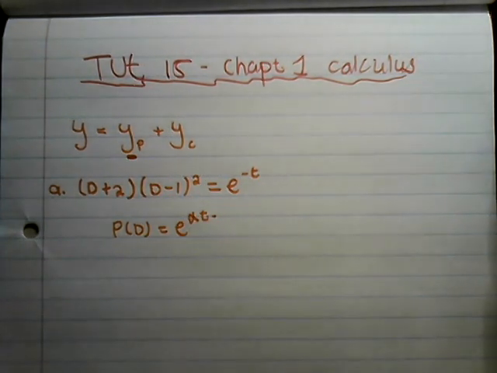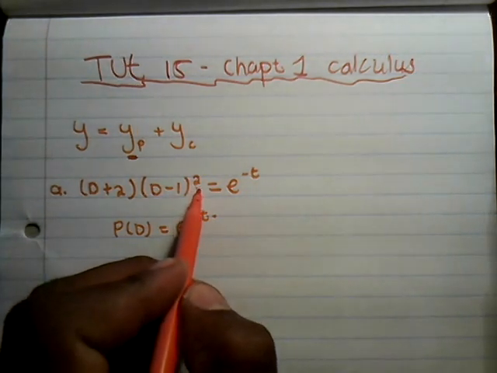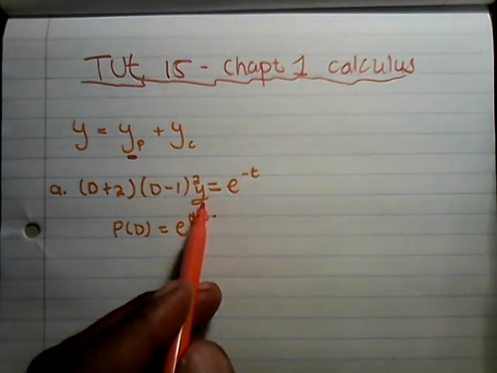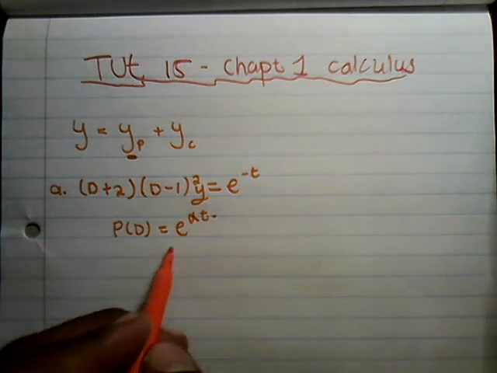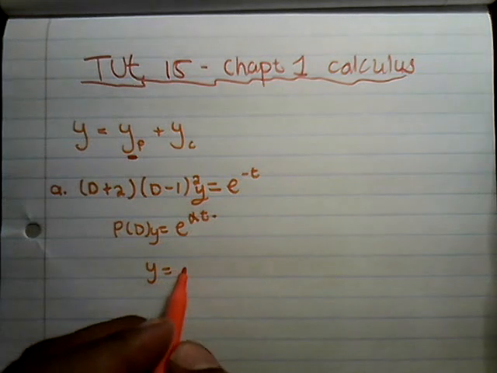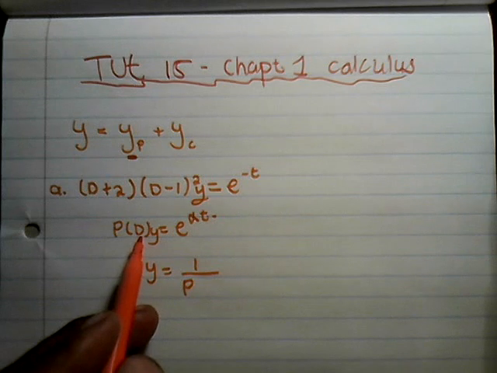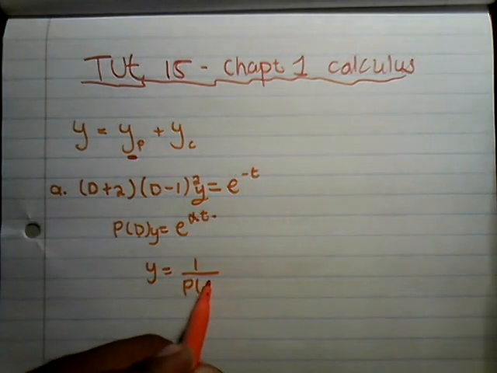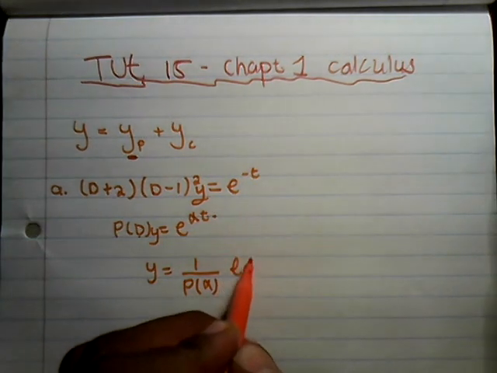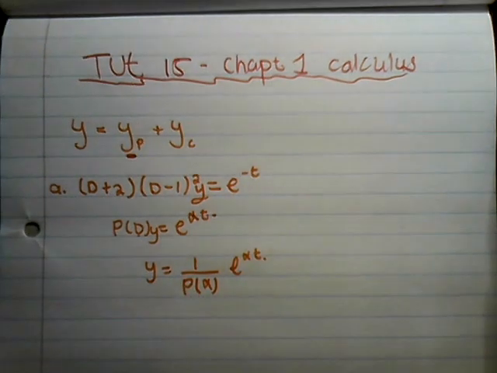This is how we're going to solve it. We must have y here. We're going to say y is equal to 1 over P, and where there is D we substitute alpha, and then e to the power alpha t, and this will be our solution.